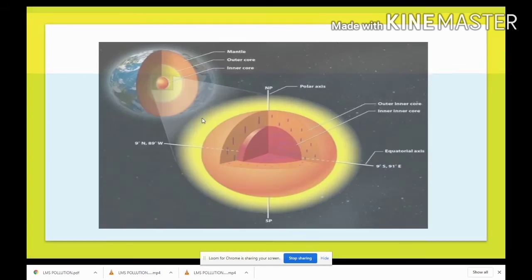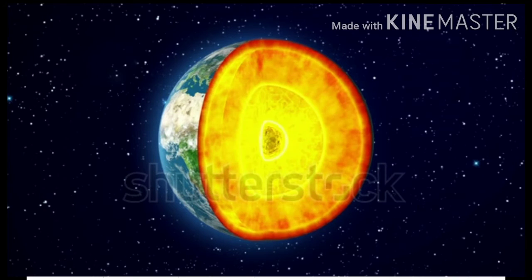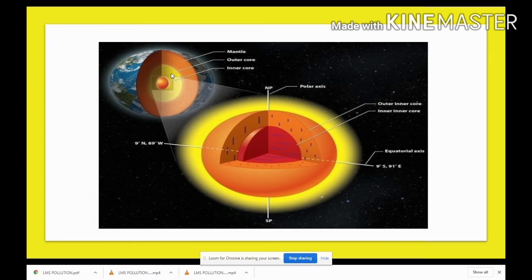The outer core, here you can see the yellow one, is about 2300 kilometers thick, and it has iron in liquid form, very dangerous. And this one, the orange one, is the inner core. It is about 2600 kilometers in diameter.